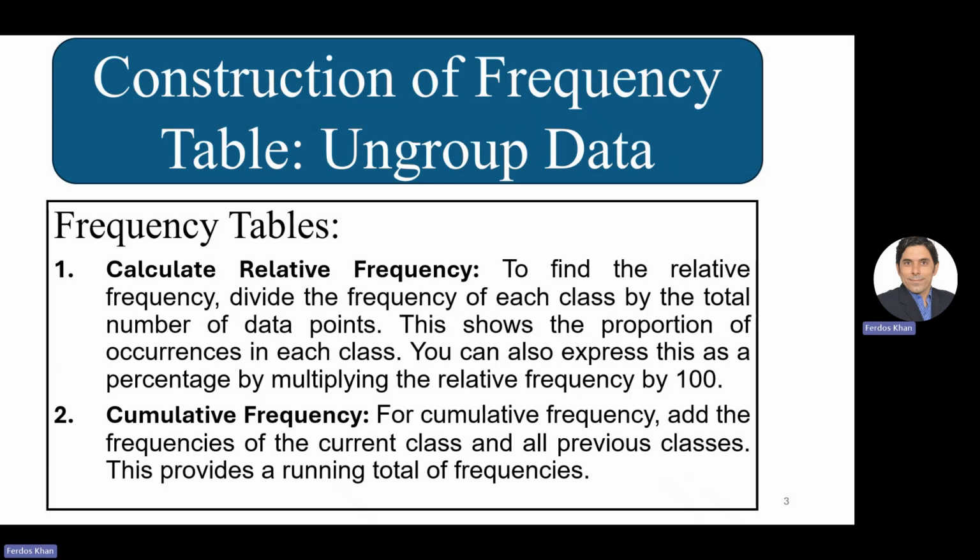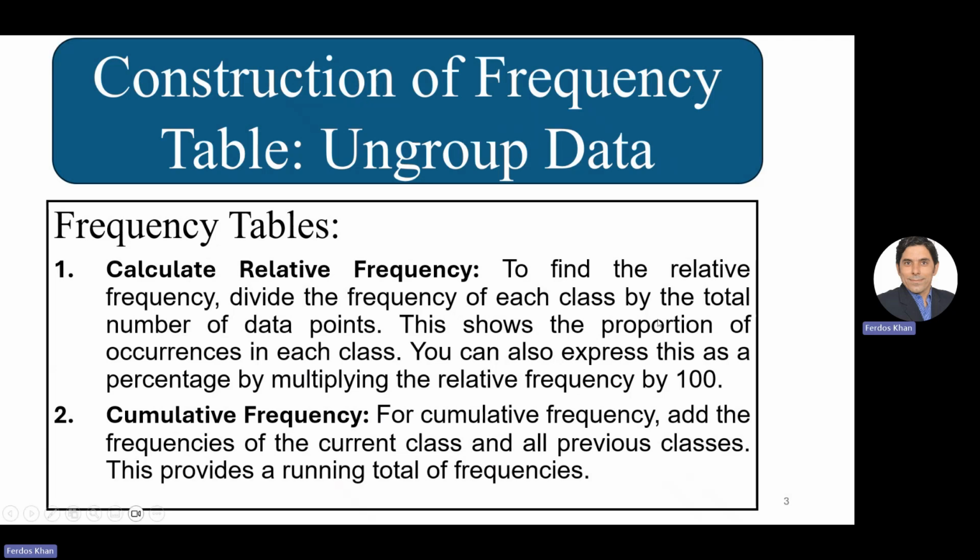However, if you need to calculate relative frequency or cumulative frequency, then you need one step more for each. To find the relative frequency, divide the frequency of each value by the total number of data points, which is equal to the sum of the frequencies.